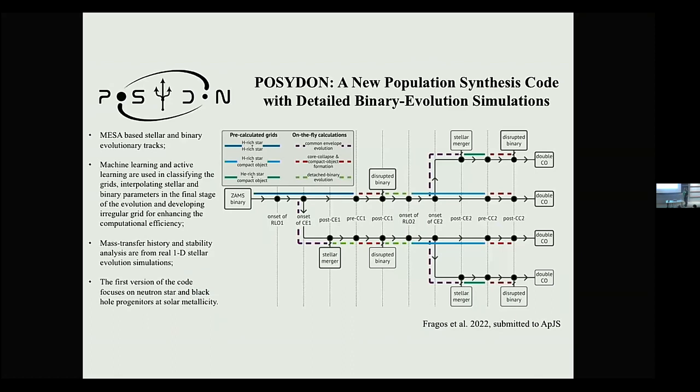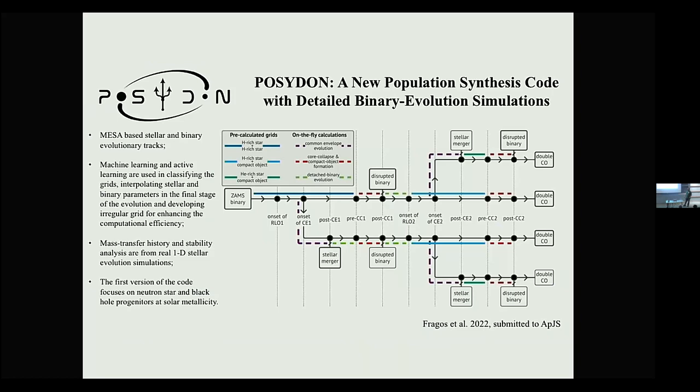We do not do interpolation among different evolutionary tracks, but we do use machine learning when interpolating at the final plane for all the binary tracks, for example important parameters like the density, stellar masses, orbital period, something like that.